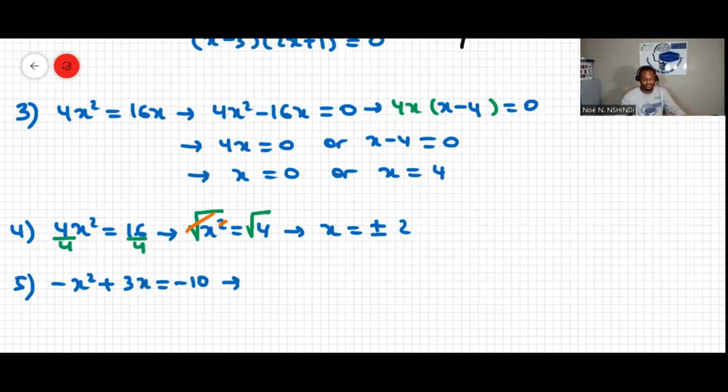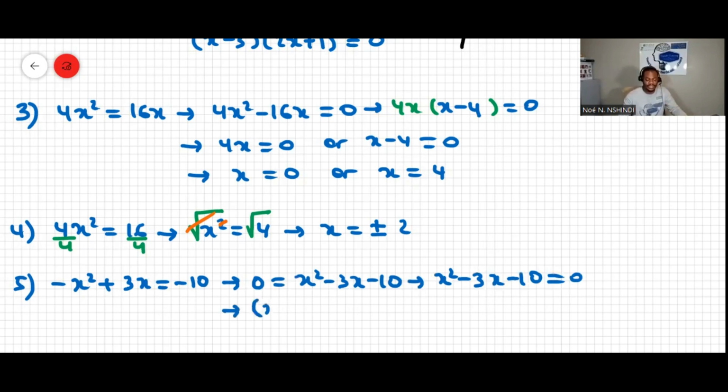And then it's going to be 0 equal to x squared minus 3x minus 10. But I prefer to write it as x squared minus 3x minus 10 equals 0. Excuse me. Now, we can write x within the bracket.